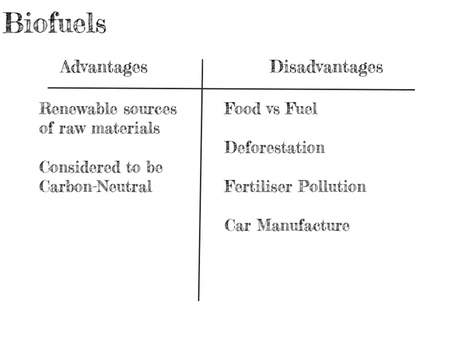So it's making that choice of whether to use that land to grow biomass to turn into biofuels or to grow food for people to eat. Linked to that is deforestation. So again, the area that you're choosing to grow the plants to be able to turn into a biofuel is often created by cutting down trees. And we know that deforestation, cutting down trees, causes all sorts of problems, including the destruction of habitats.